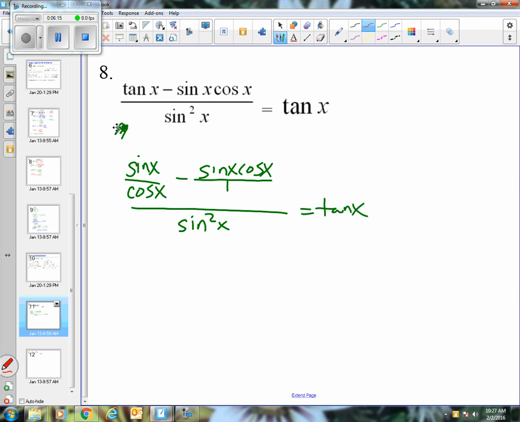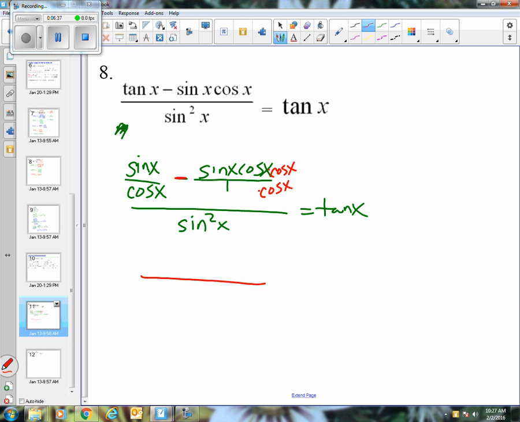Now going from there, I'm going to have to do some work here to get a common denominator. A lot of people get stuck here like, I don't know what to do. Remember, you just have to do the operation. So in the numerator of this big fraction, I see a subtraction. I'm going to have to do that subtraction. In order to subtract, I need to get a common denominator. So it looks like that'll be cosine. So I'm going to multiply top and bottom of that fraction by cosine.